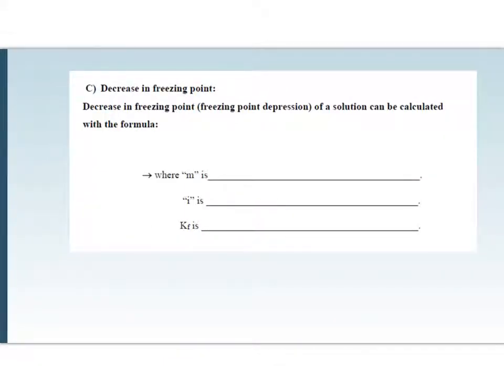What about decrease in freezing point? Decrease in freezing point can be calculated with the same formula, which is delta T is equal to, in this case, Kf times molality times i here. So m again is the molality, and i, let's say that you have sodium sulfate in this case, will be equal to 3.